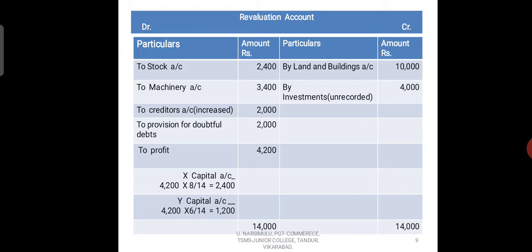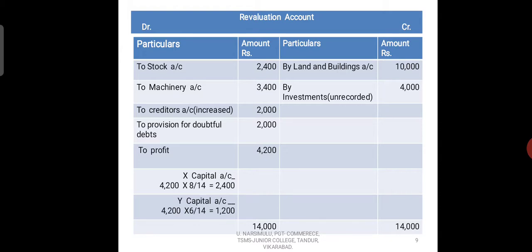So what ledger accounts have I opened in this problem? One is revaluation account, cash or bank account, goodwill account, new partner's capital account, old partners' capital accounts, and profit and balance sheet. So total 6.